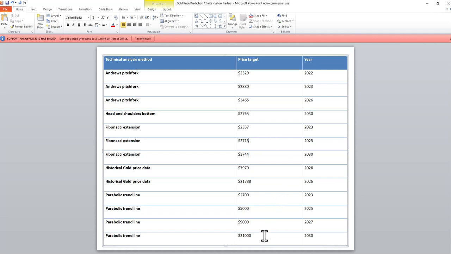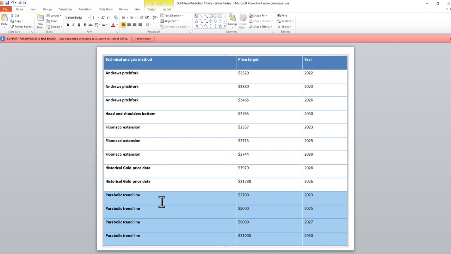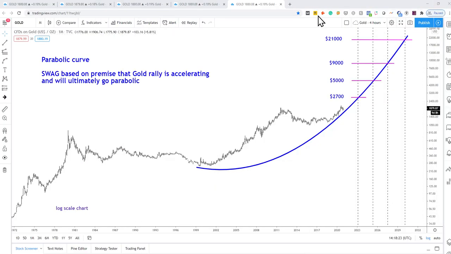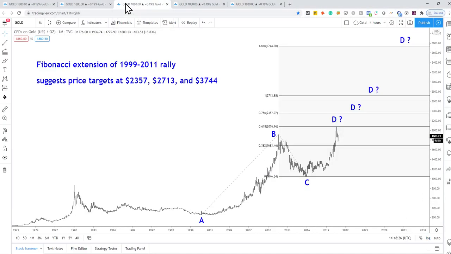For example, as I was just saying, the parabolic trend line, I'm really just swagging there, and so I don't put a lot of credence in those numbers. In contrast to, I feel pretty good about this fib extension. Let's go look at what I'm referring to.